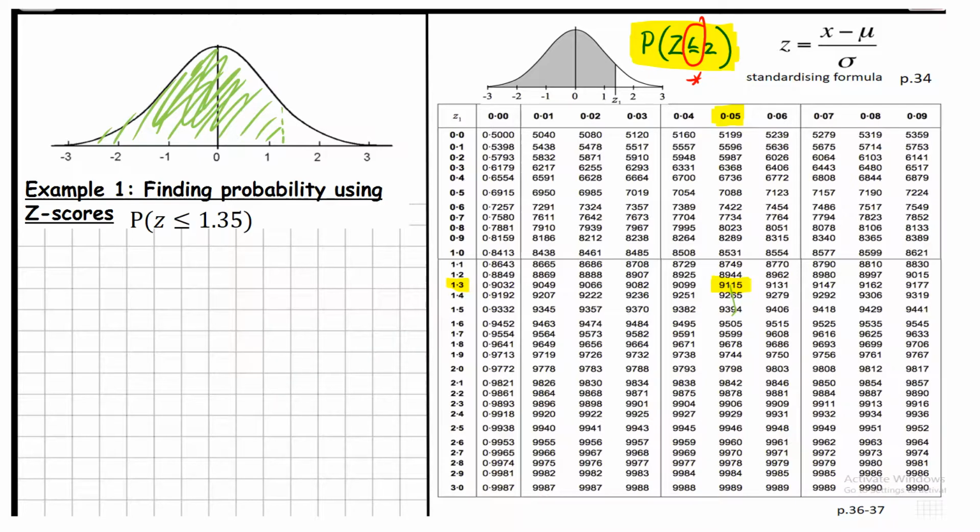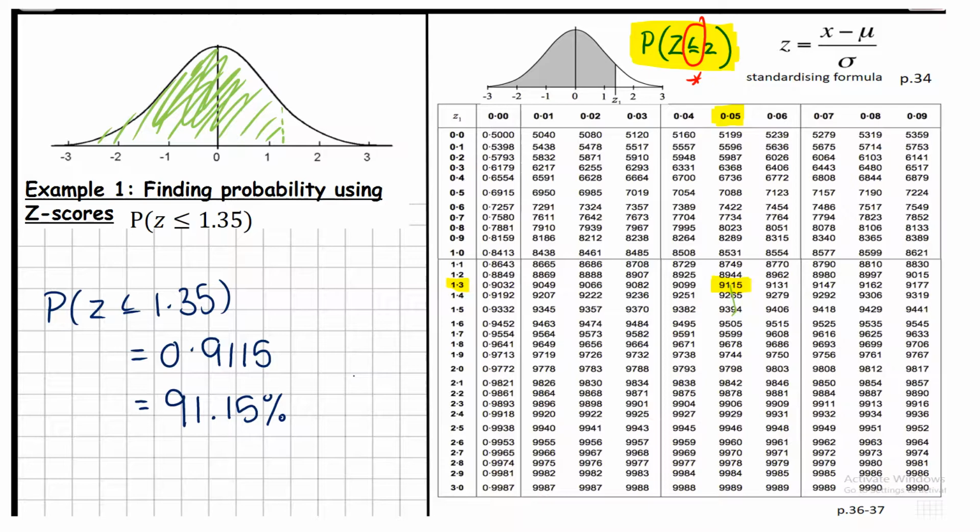So my answer then is the probability. Let me change back to the blue so you can see it. The probability that Z is less than or equal to 1.35 is equal to 0.9115. And just for yourself, that means 91.15%.